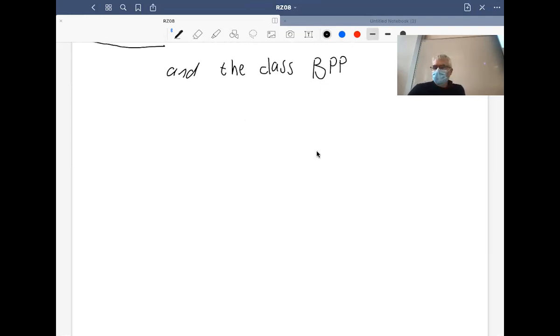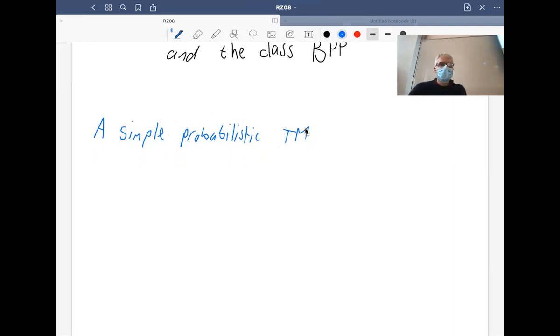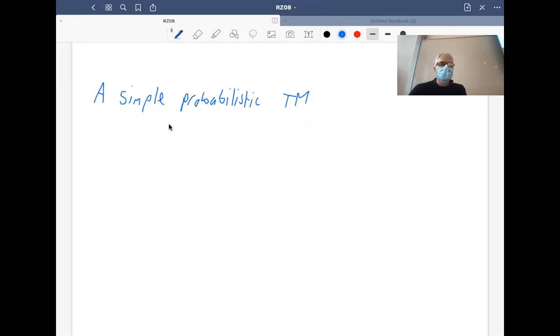So let's start by looking at a very simple probabilistic Turing machine. This Turing machine is going to start in state start, as it always does.